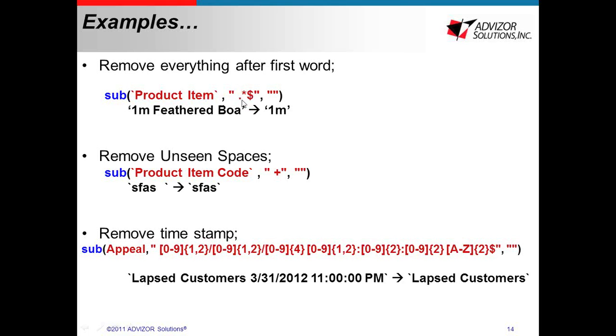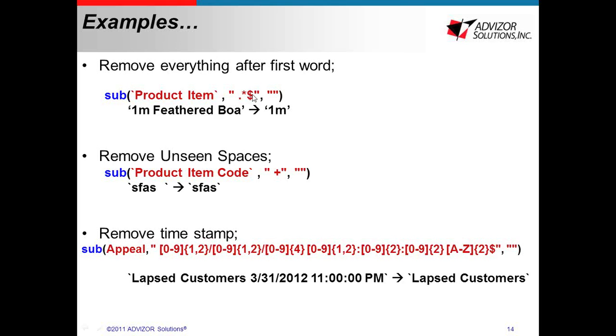And so the pattern is that after the first word there's a space and there's a character. It could be a letter, a number, any sort of punctuation. So that's what this period represents. It's the wildcard character. And this star means that this wildcard character can be repeated 0 to infinite number of times.